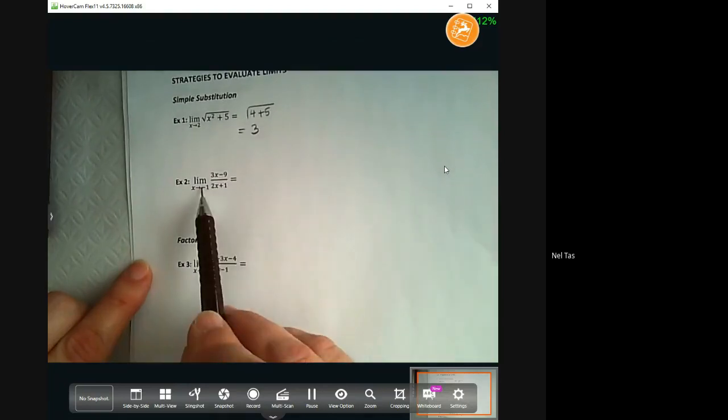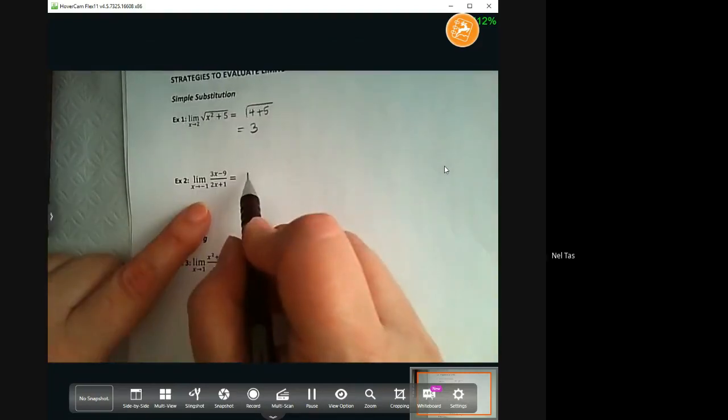So substituting negative 1, we get negative 3 minus 9 over negative 2 plus 1. This gives you negative 12 over negative 1, just 12. We did not get 0 for the denominator, or 0 over 0, so it is okay to use the substitution method.